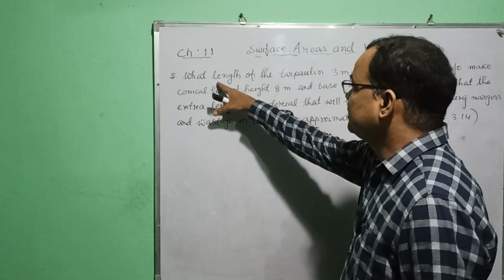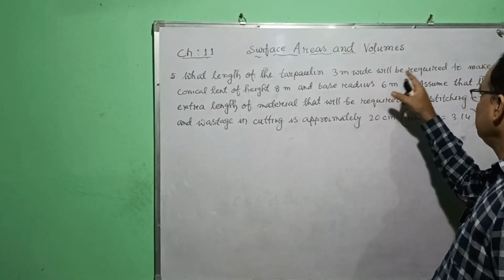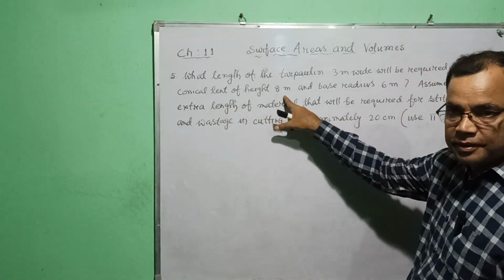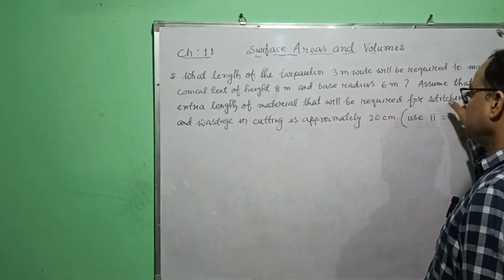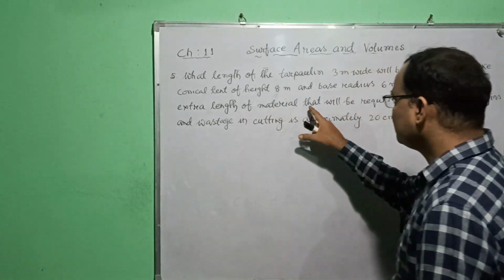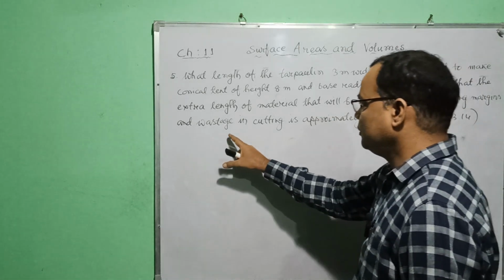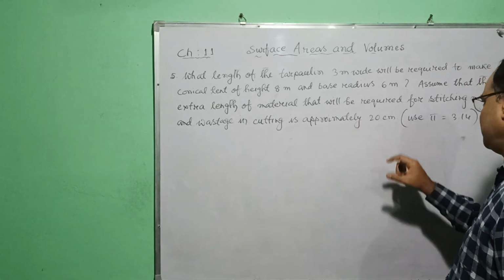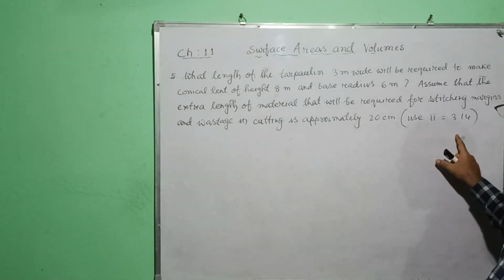In question number 5, it is given: what length of the tarpaulin 3 meter wide will be required to make a conical tent of height 8 meter and base radius 6 meter. Assume that the extra length of material that will be required for stitching, margins and wastage in cutting is approximately 20 centimeter. And here also pi is given as 3.14.